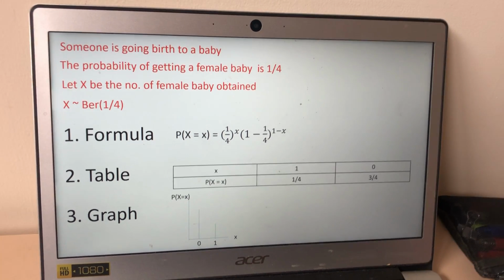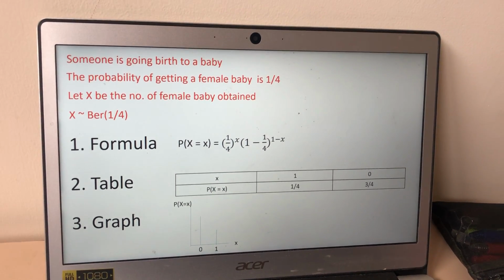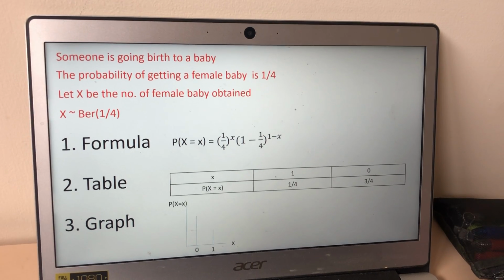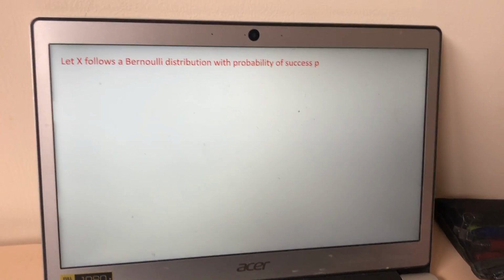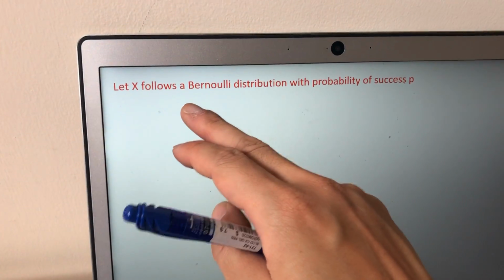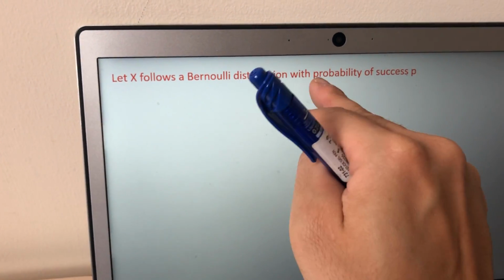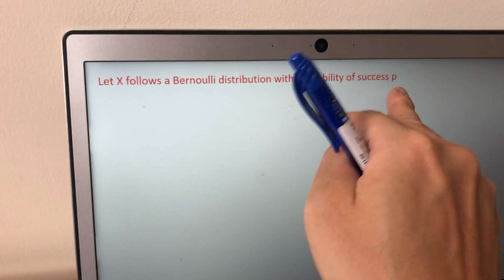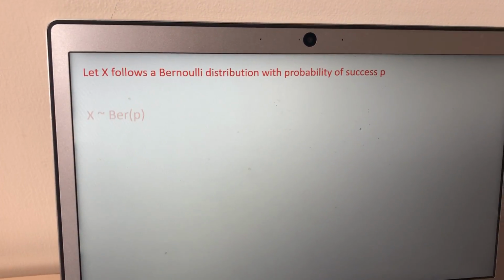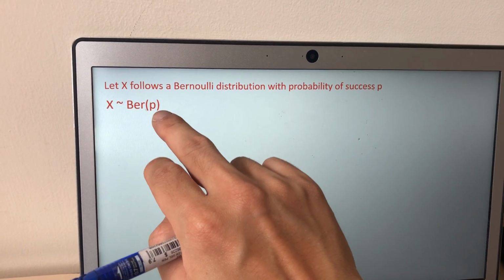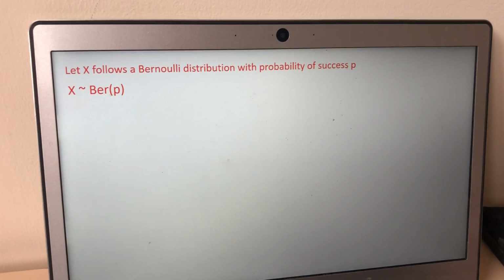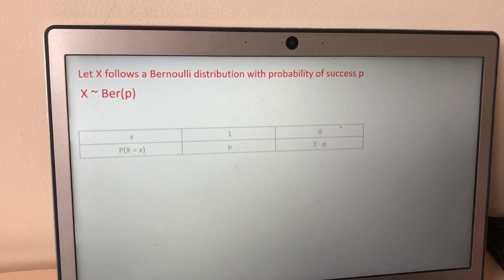What's next? Next we should look at a general case. Let's look at a general case. So let X follow a Bernoulli distribution with probability of success P. So let's use the table.